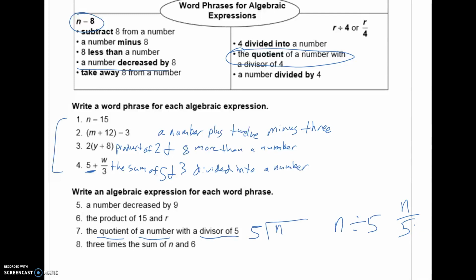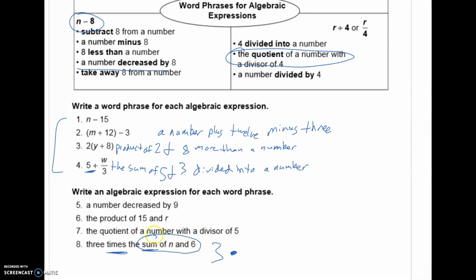And then lastly, this is going to be 2 parts here. We have a times, and we also have a sum. So it's going to be multiplication and addition. So 3 times, so I can put a times symbol here. The sum, so there's going to be some sort of addition here.